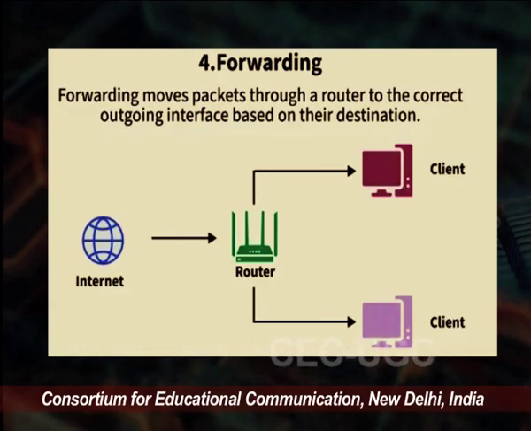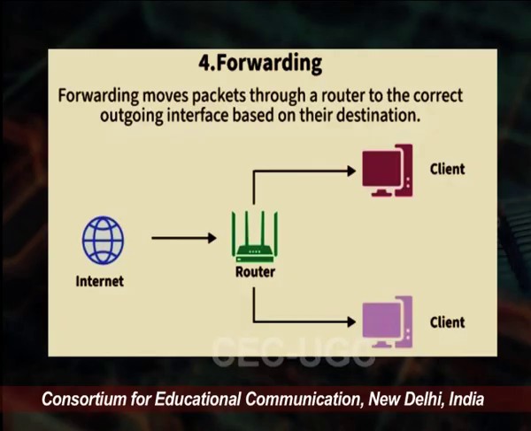Now, what does it mean actually? From the internet, a router is receiving a particular packet. Which particular client, whether client A or client B, is the actual recipient of this packet or of this data, the data should be delivered to that particular client.